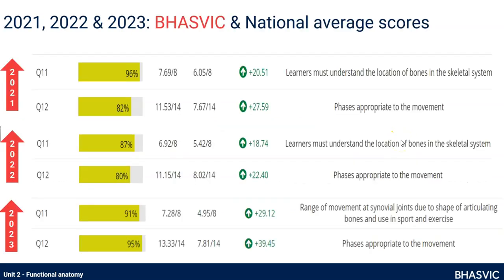And this is evidence just to show, I think, again, these are the last 3 papers that our students have sat. Question 11, question 12, question 11, question 12, 11 and 12. And it shows you that out of 8, our average grade was 7.69. Our average grade out of 14 was 11.5, 6.92, 11.1. Can you see that we are pushing this, this is great.